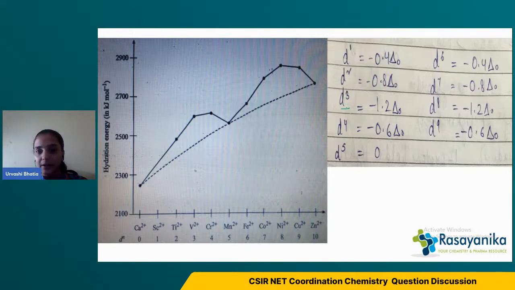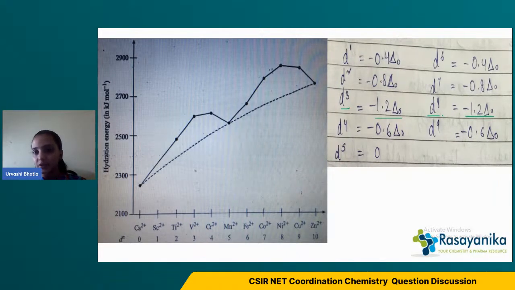The third one is vanadium. We have 3D3: if the configuration is 4s2 3D3, two electrons have been removed, so we get 3D3. The CFSC is minus 1.2 del. It is the same for D8, that is nickel: 4s2 3D8, two electrons have gone, so 3D8, so minus 1.2.